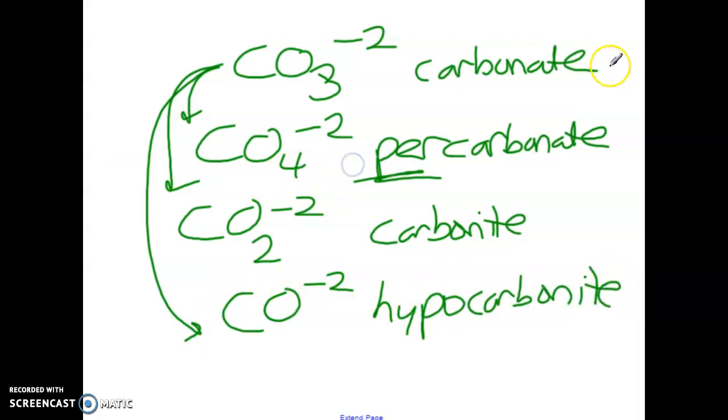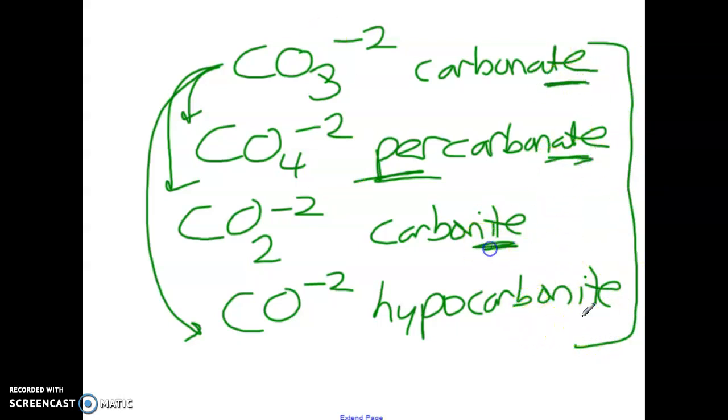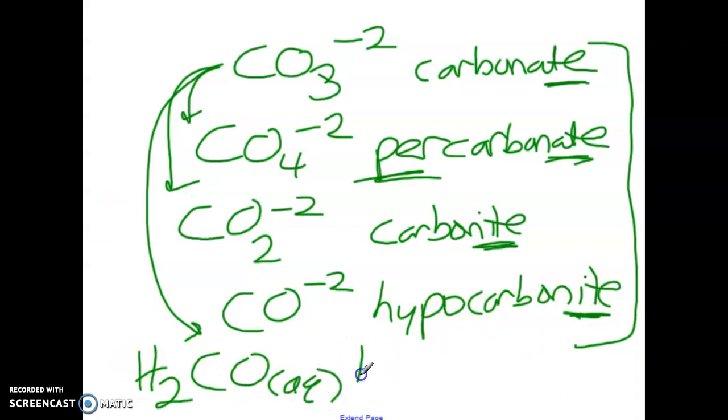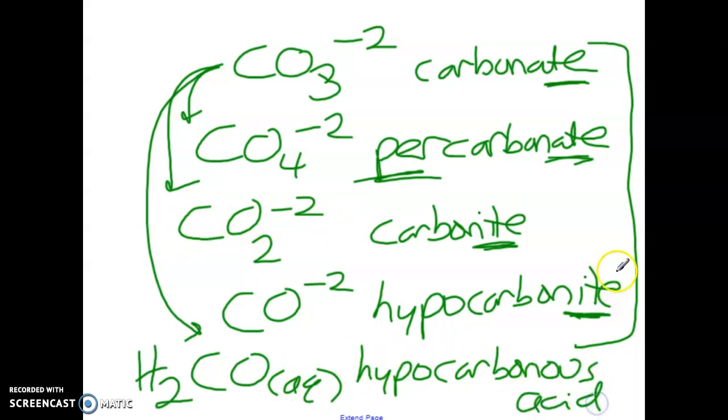So any of these can be acids. But remember, the acid name depends on the ending. So if it's hypocarbonite, but in acid form, this would be hypocarbonous acid, because the ite ending changes to ous acid. Anything that's written before that doesn't change.